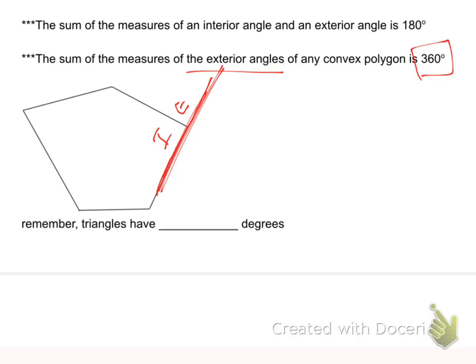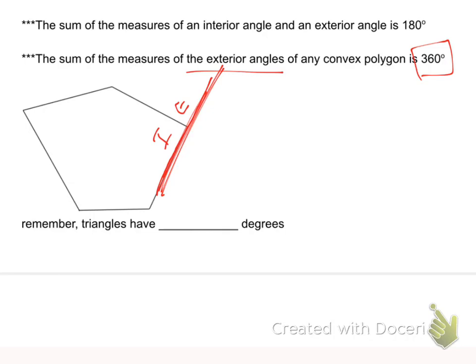They form a straight line, and it's 180 degrees because it's straight. So angle I plus angle E will equal 180 degrees.